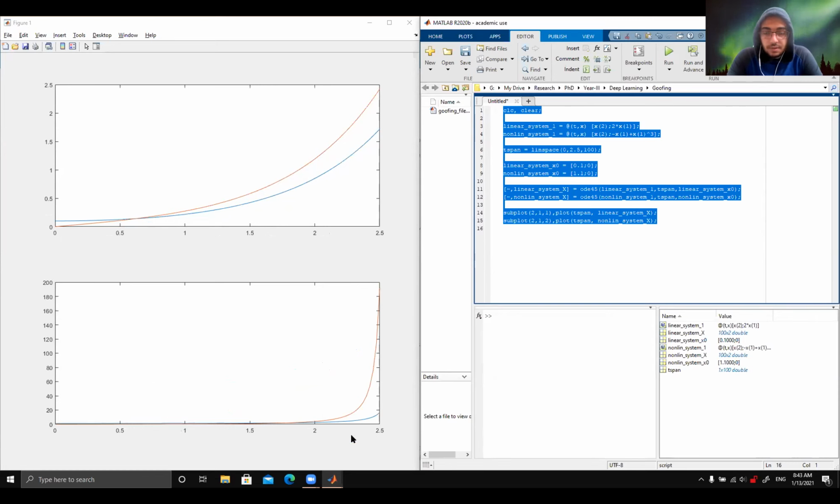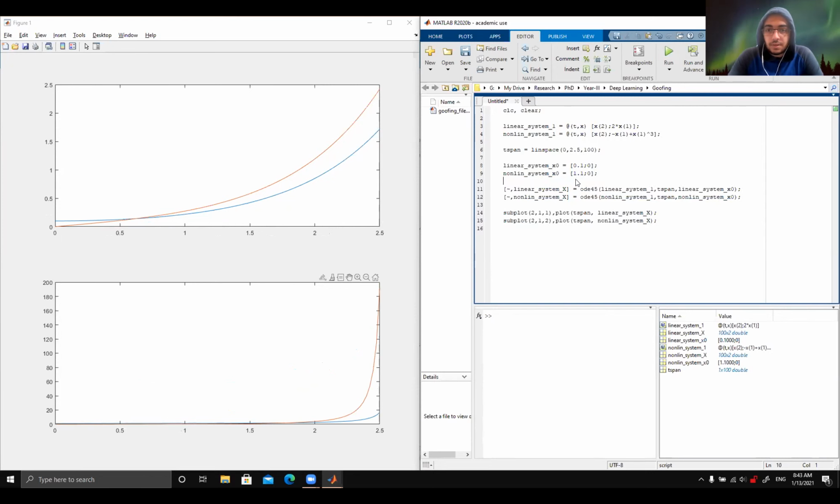So we see that the nonlinear system actually has some fancy stuff here. Title: this is the linear system. Title: nonlinear system. So we can mark this again.